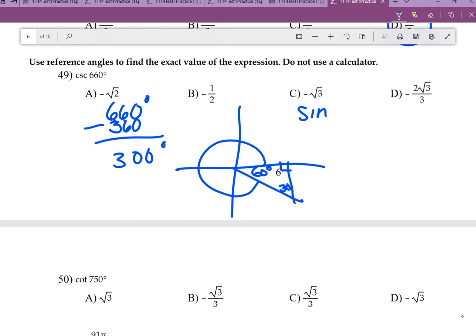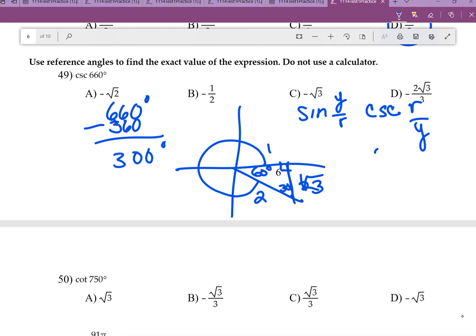I know that sine is y/r. Cosecant in this case is r/y. And we know that this is 1, 2, square root 3. The square root 3 is over here on the y.